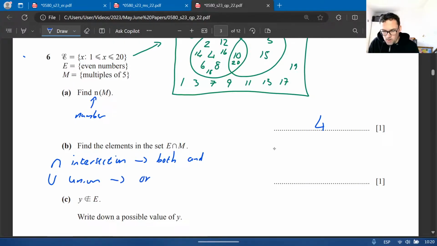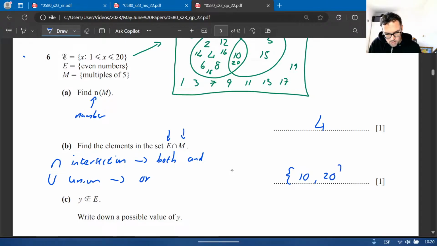The one or the other or both. Okay, so this means the elements. So we're going to list a set now that is an even number and a multiple of 5. And those were just 10 and 20. It's the only two numbers.